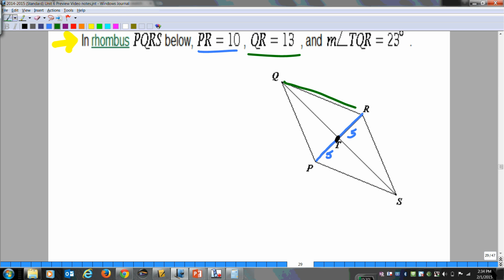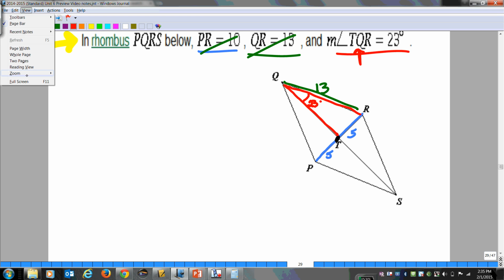So QR is 13. Notice I'm crossing stuff out as I go. TQR, that means Q is going to be our elbow. So we start at T, we go to Q, we go to R, trace and sweep. That is 23 degrees.